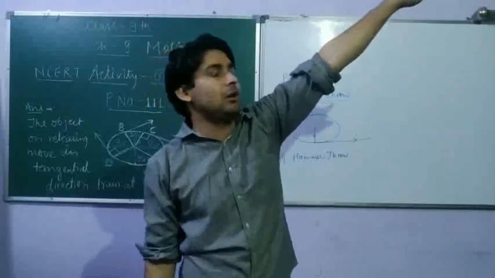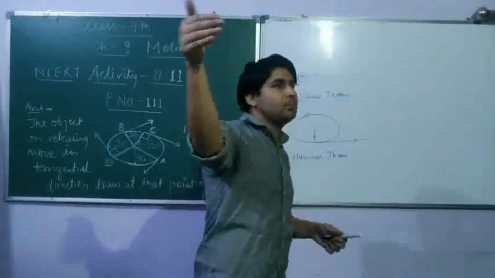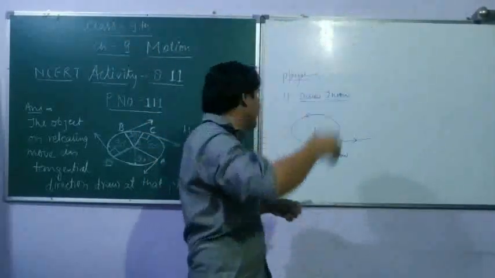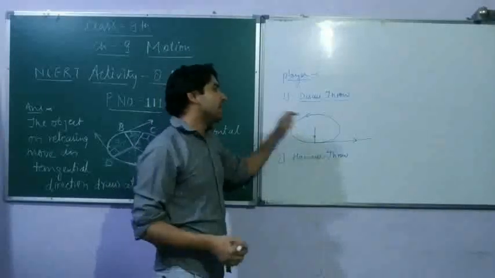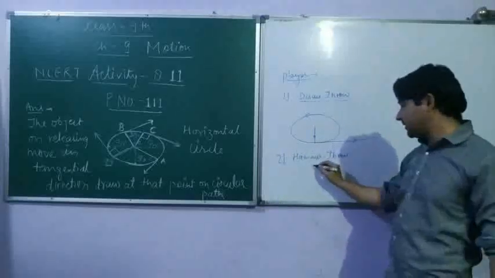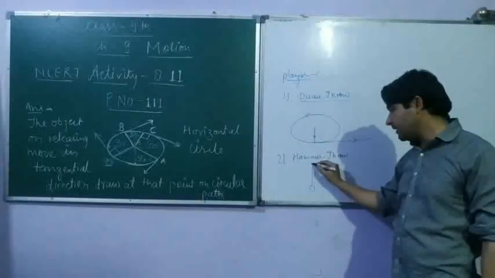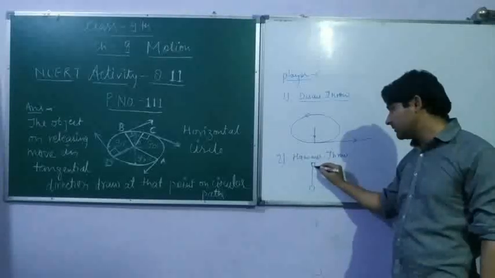If the hammer is to be thrown like this, then the player must release the hammer at this point, then it will go like this. In hammer throw, a similar activity is done. If I draw the hammer, then the hammer is something like this, and here a handle is attached.